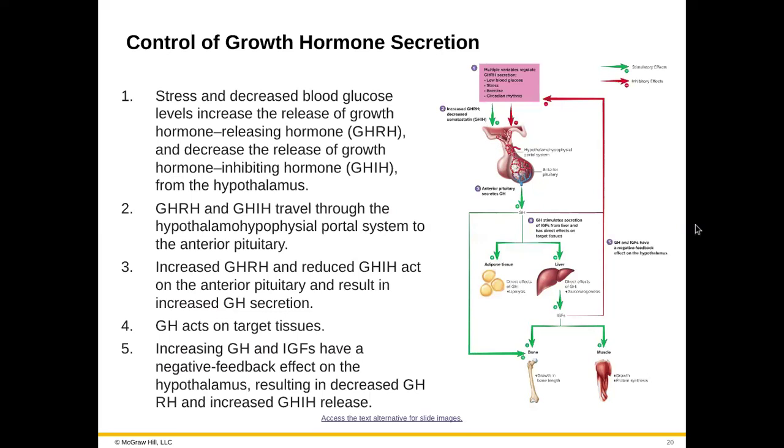Growth hormone will then act on all the different tissues that we just talked about, whether it be the adipose tissue, the liver, the bone, or the muscle. Once we've released enough growth hormone and we're satisfied, we can then use a negative feedback loop, which will cause the release of growth hormone inhibiting hormone, or somatostatin, and that will cease the production of growth hormone.